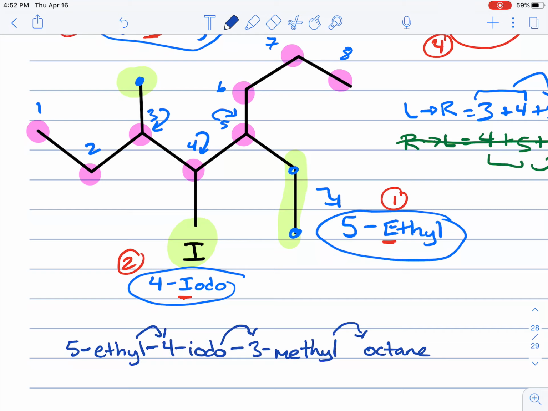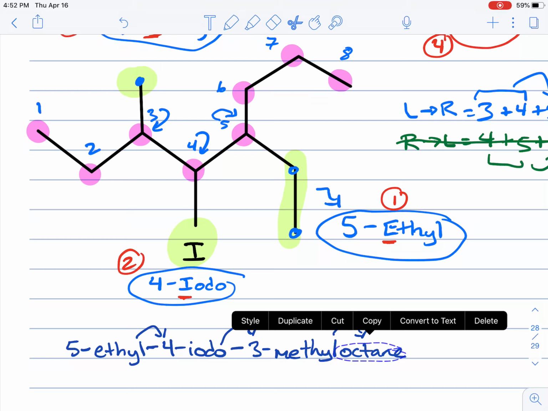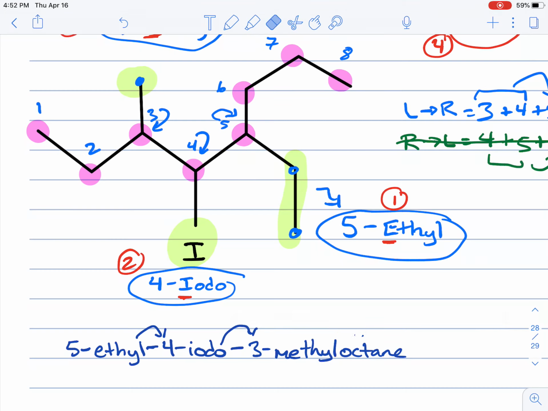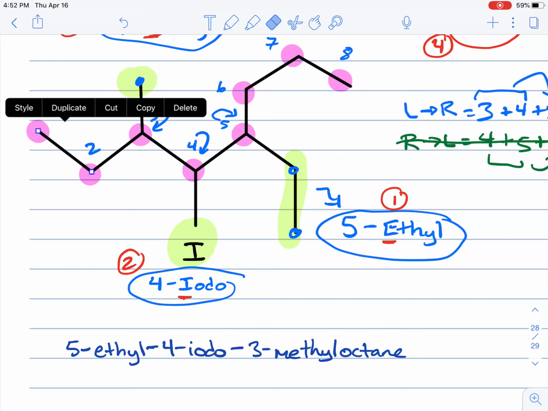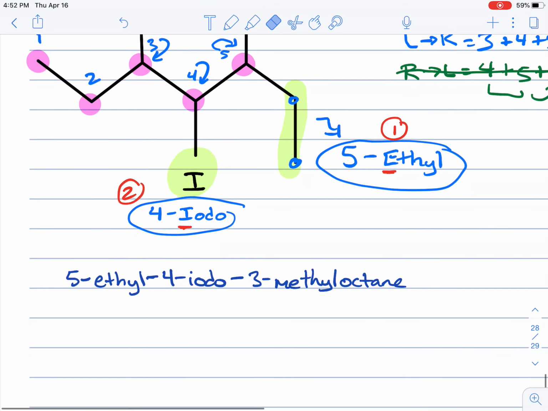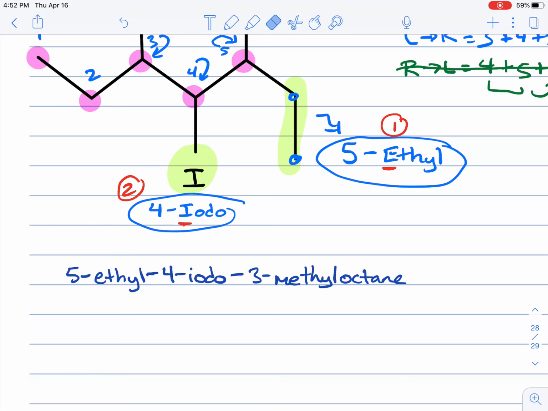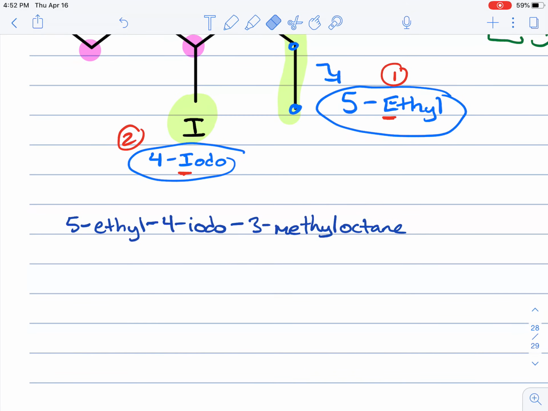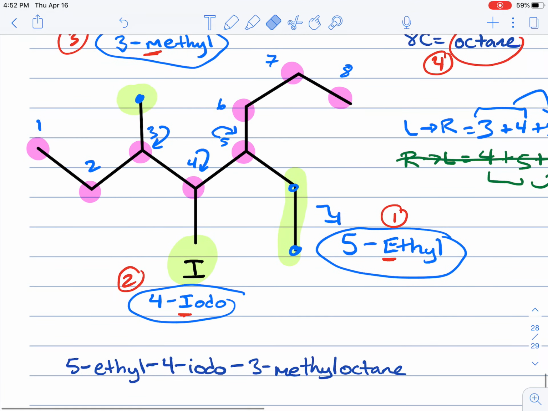And since the last part is letter to letter, I'm going to move this over to represent that there's no space between them. Okay, and so this is going to be my final answer: 5-ethyl-4-iodo-3-methyloctane.